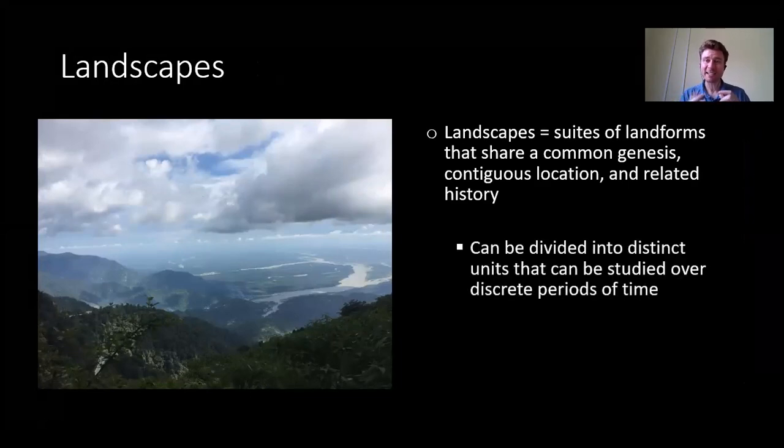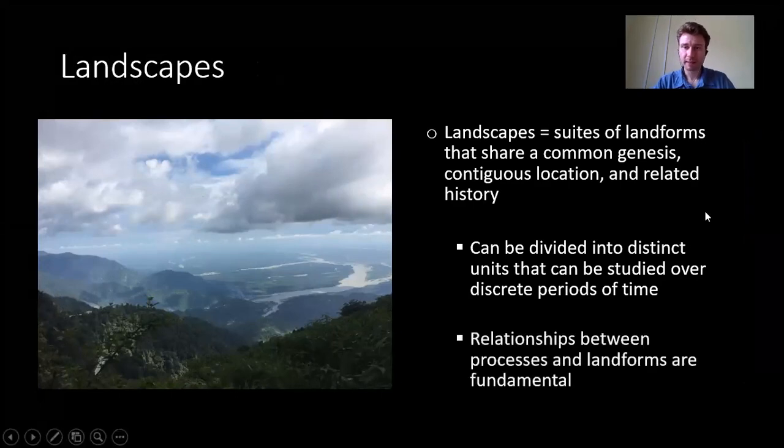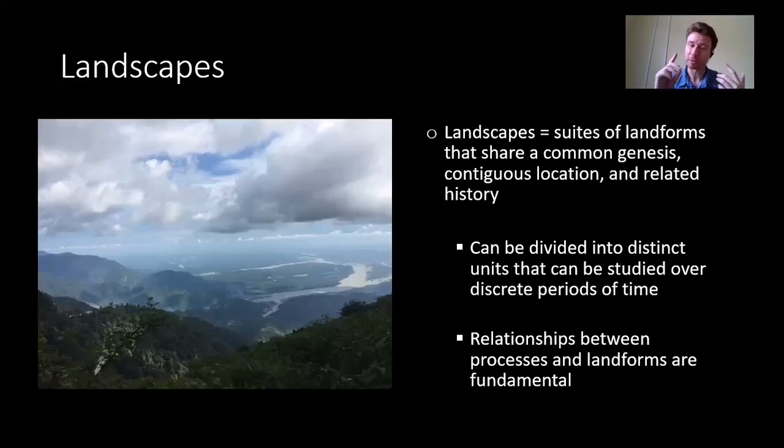They can be divided into distinct units that can be studied over discrete periods of time. And the relationships between processes and landforms are fundamental. And that's what we're going to be studying here. Relationships between processes, landforms, and how we as observers interact with those processes.